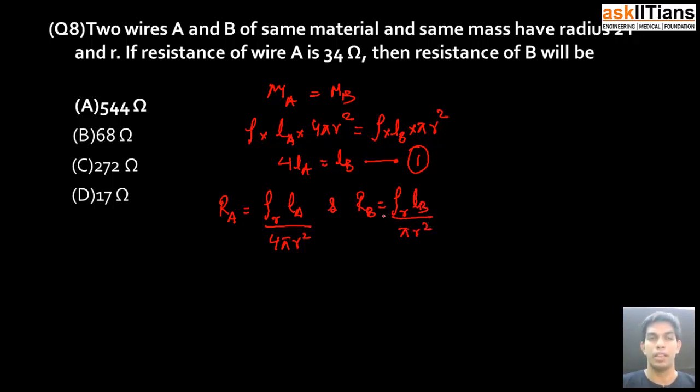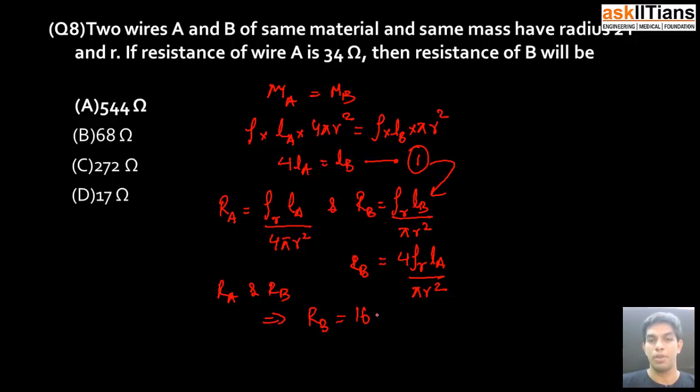Now substituting equation 1 in this expression, we get RB equal to 4 rho LA over pi r square. Now comparing RA and RB, we get RB equals 16 times RA. So substituting the value of RA, that is 34 ohm, we find that A is the correct option.